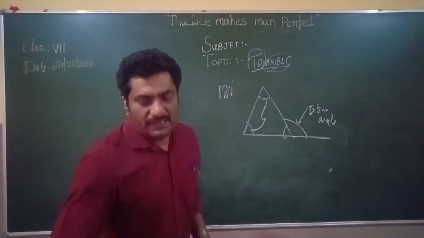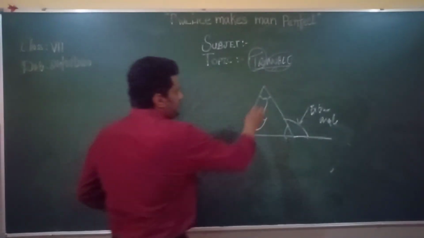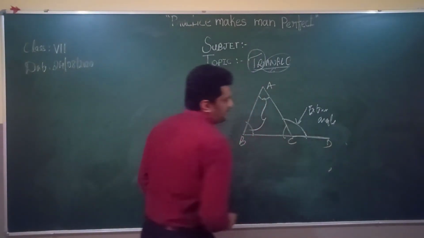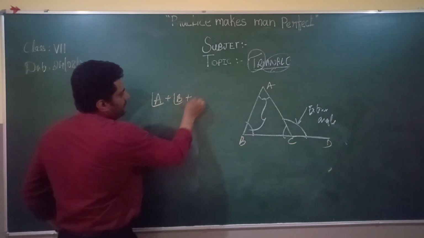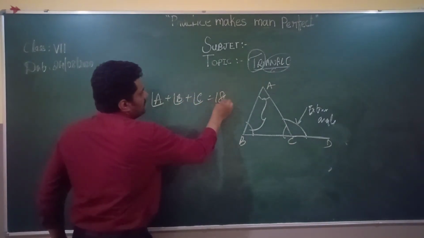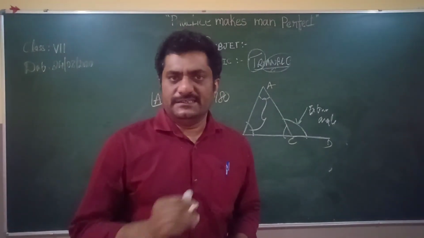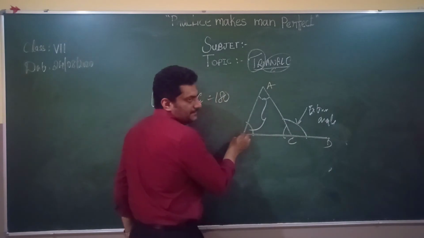How can we prove that? Let's take this as A, B, C, D. Then I know that angle A plus angle B plus angle C is 180 degrees, because these are the sum of the interior angles of a triangle. Now in this case, I have a straight line here.